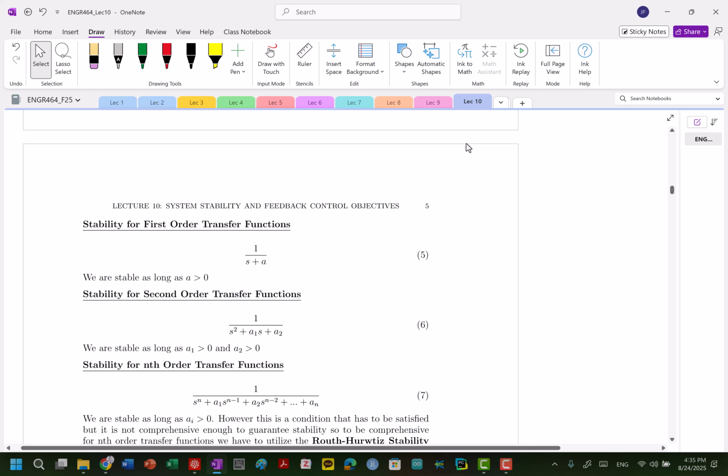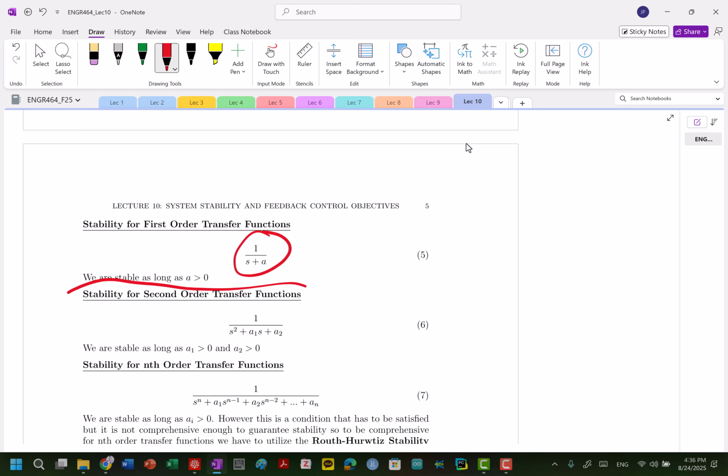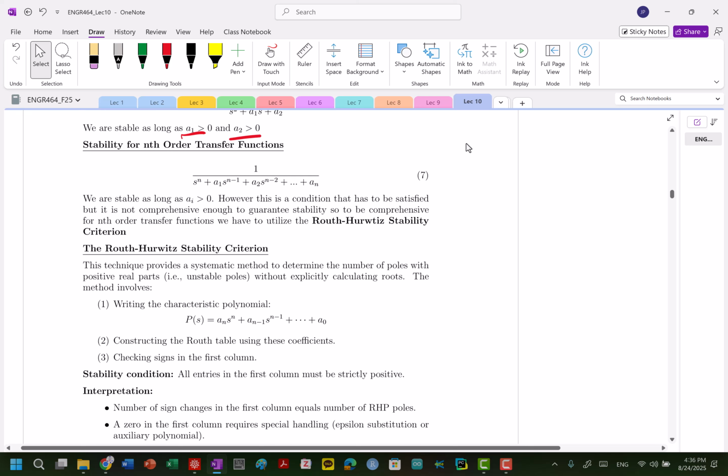We can generate a very straightforward rule for these. If I have a first order transfer function, as long as a is greater than 0, we're stable. If we are dealing with a second order transfer function, as long as a1 and a2 are greater than 0, we are stable. The complication comes with nth order transfer functions.